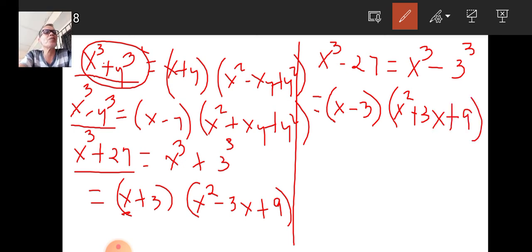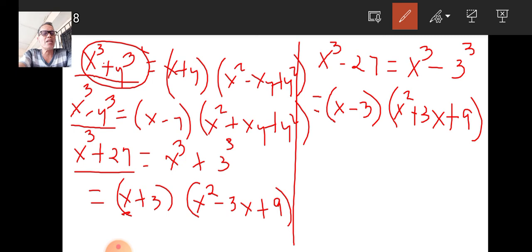So therefore, the factors of the difference of two cubes, x cubed minus 27, is equal to the quantity x minus 3 times the quantity x squared plus 3x plus 9.